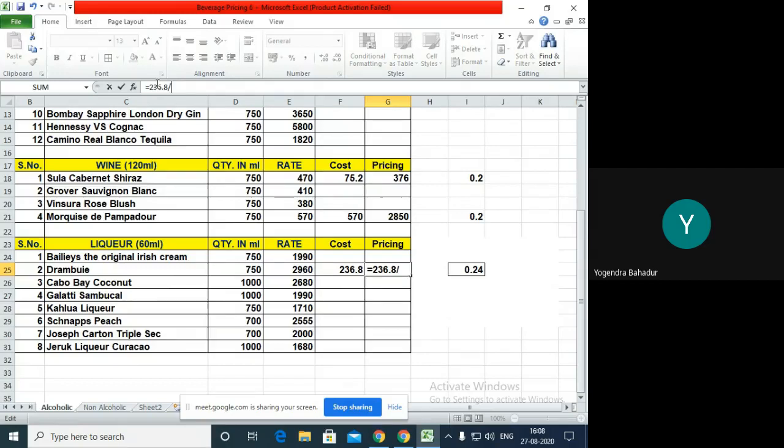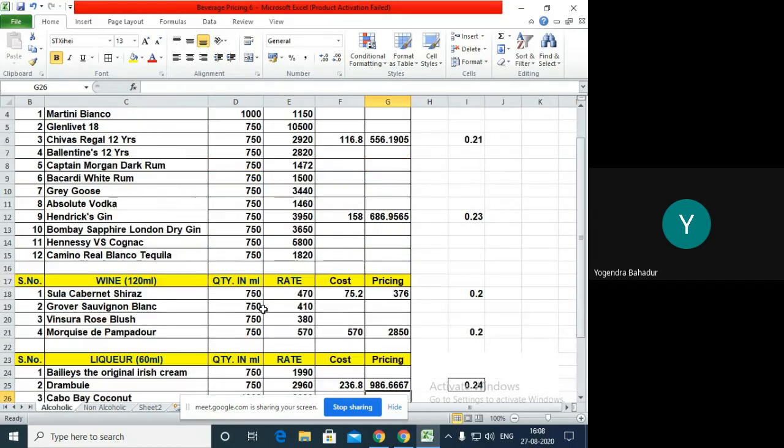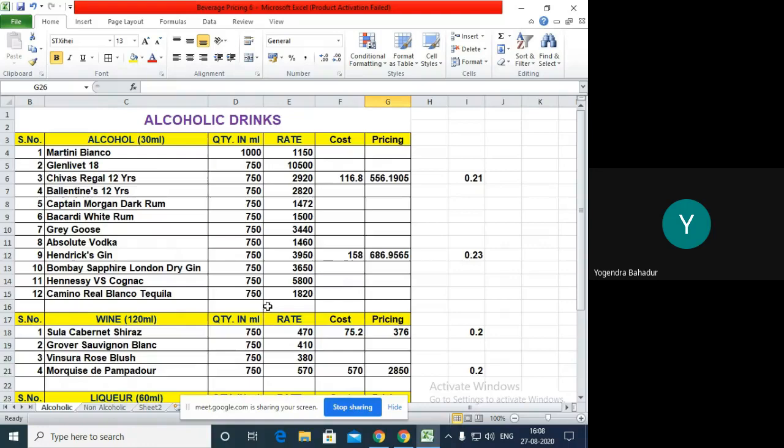So it will be divided by 0.24, and the price is coming somewhere around 1,000 rupees, that is 986.667.